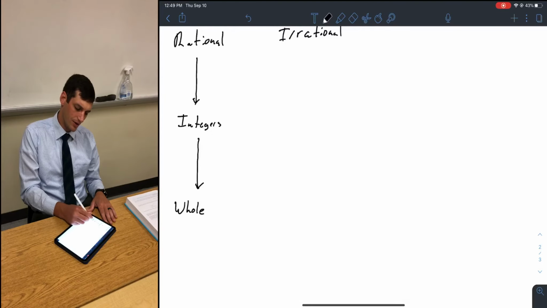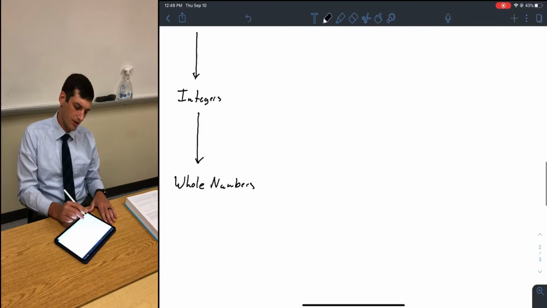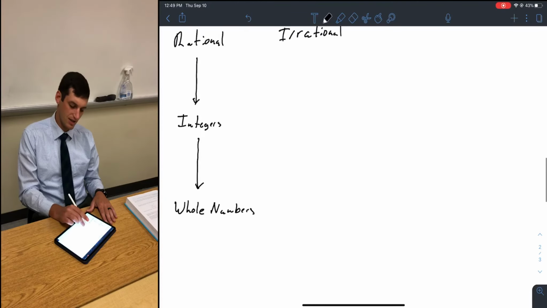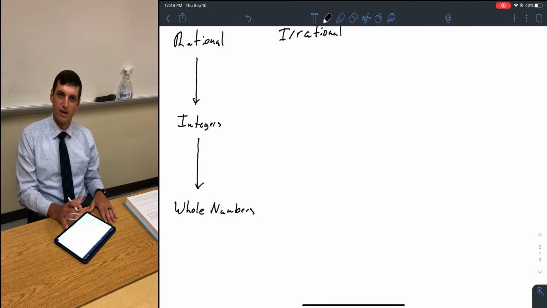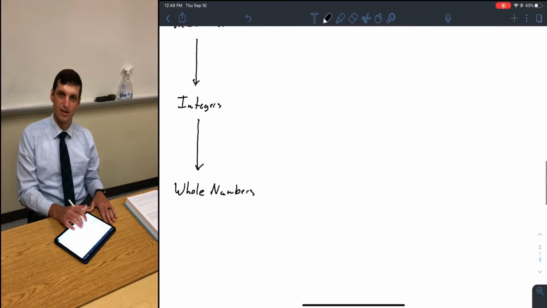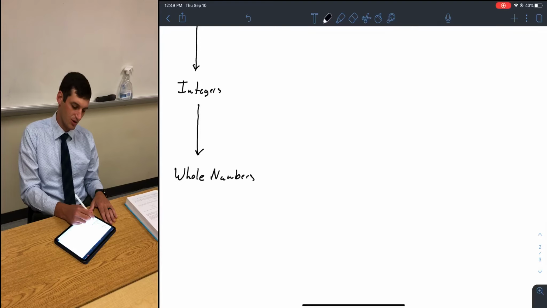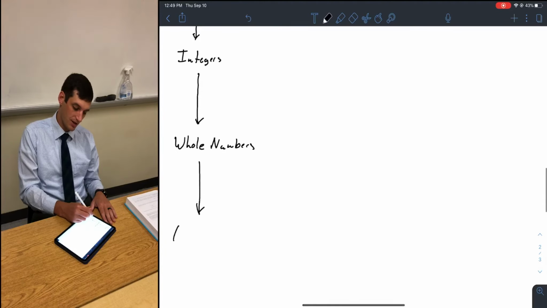Whenever you get up into upper level math classes, they kind of just forget about whole numbers, and you deal more with integers and natural numbers. So that leads us into the next, natural or counting numbers, but I'm just going to call them natural. Natural numbers.